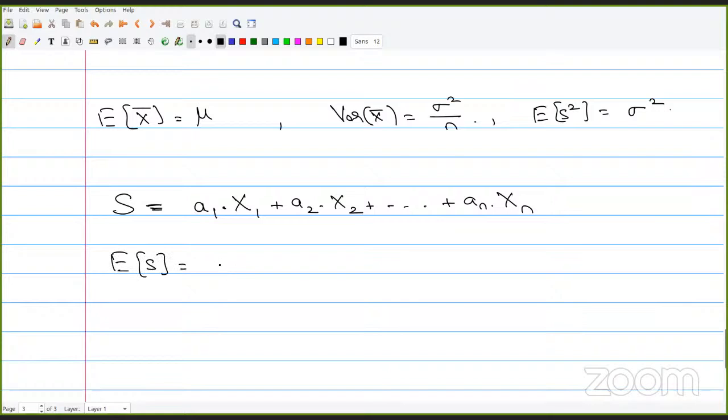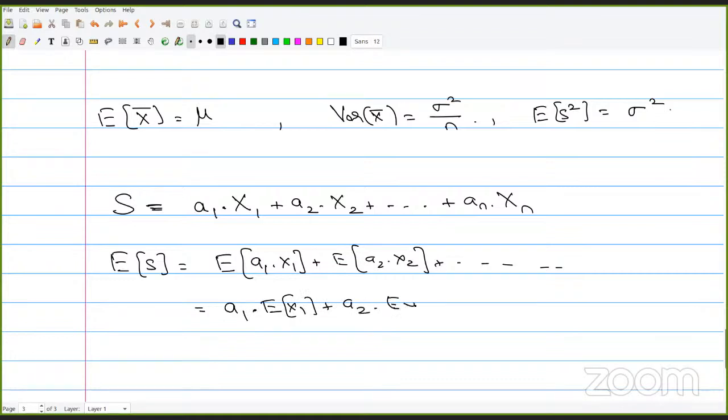We use the linearity concept itself. So the expected value of a1 times x1 plus expected value of a2 times x2, and so on. This will be a1 times expected value of x1 plus a2 times expected value of x2 and so on, plus an times expected value of xn.